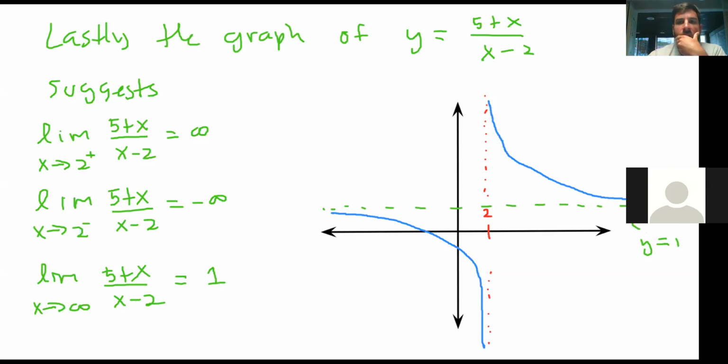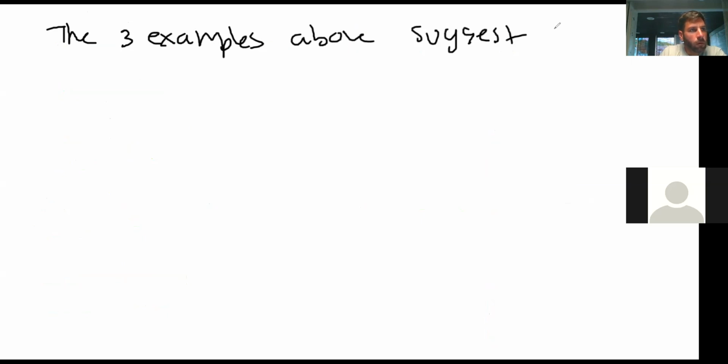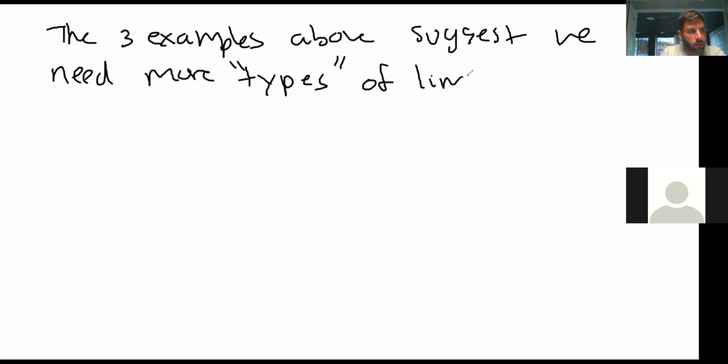So what these 3 examples serve is evidence that we need to define some new things. So the 3 examples above suggest we need more of what we can call types of limits.